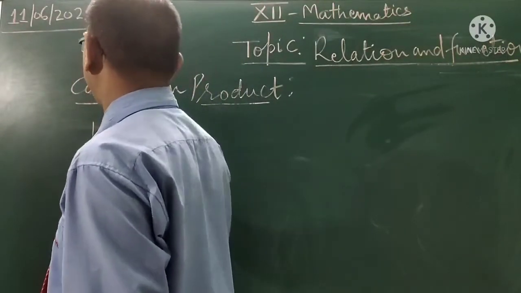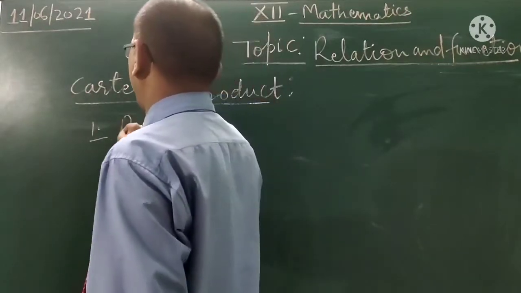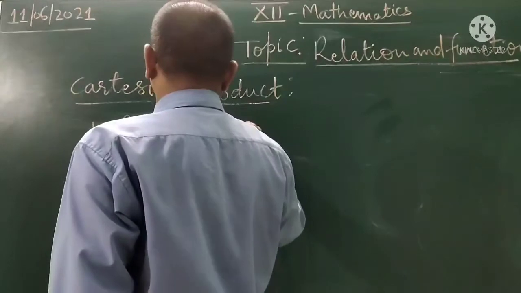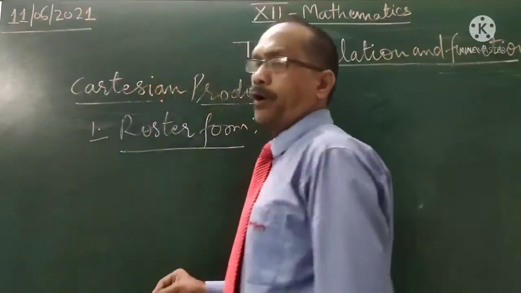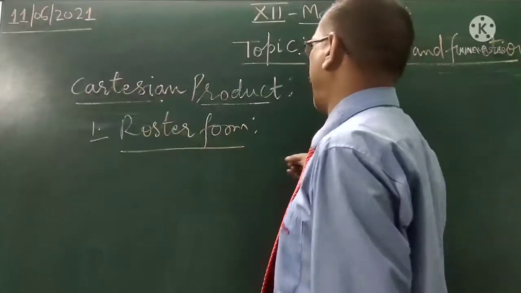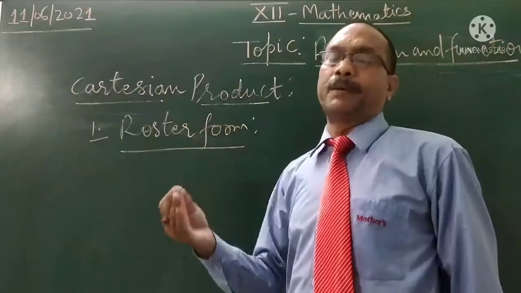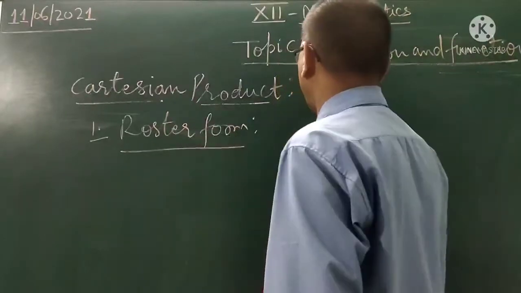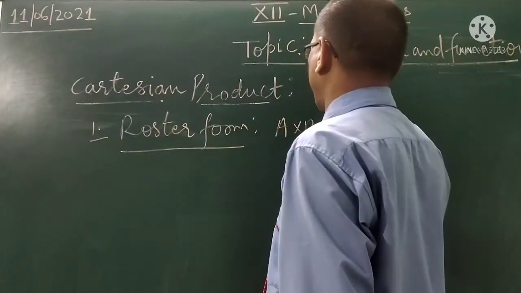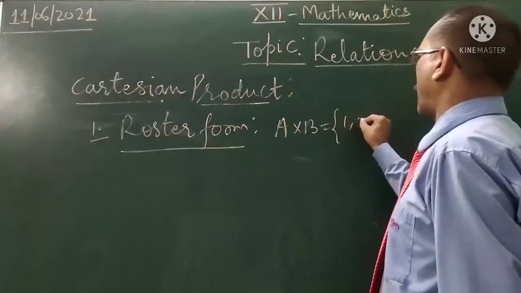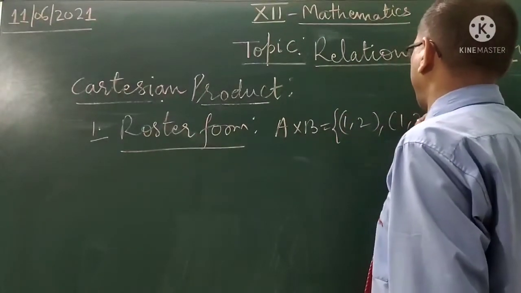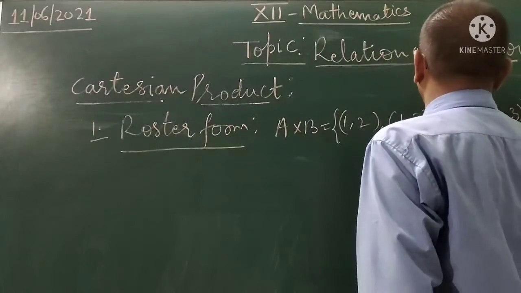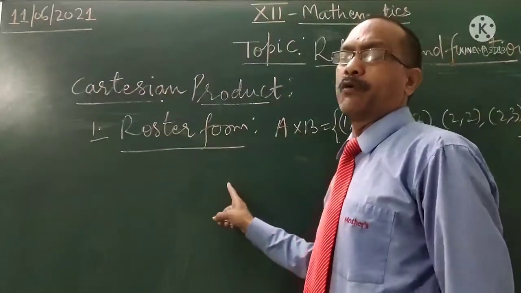First is the roster form. In the roster form, ordered pairs are present. The previous example is the example of roster form. In that, A cross B equal to {(1, 2), (1, 3), (2, 2), (2, 3)}. That is the roster form.